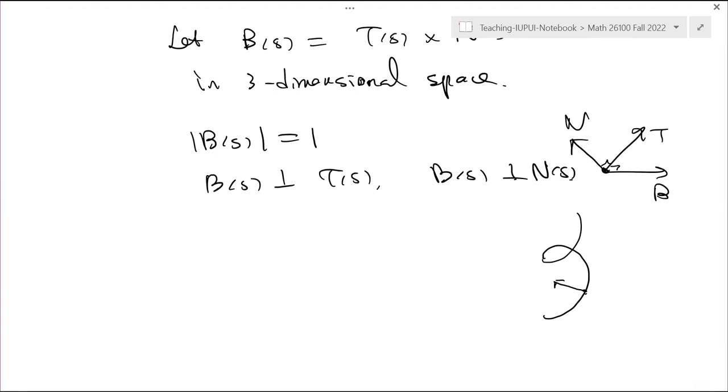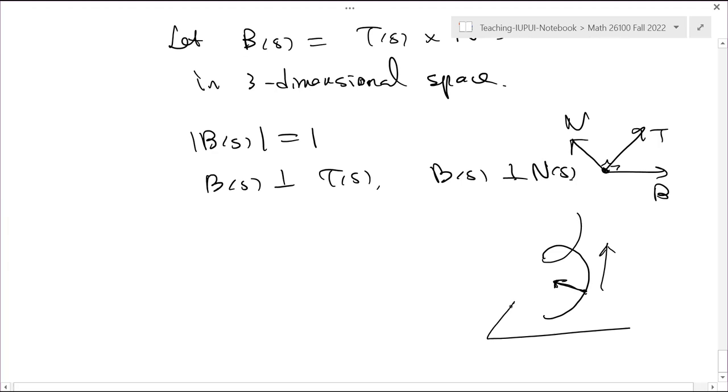A helix is easy to observe: the curve is curved in that direction, and at the same time it's going up, leaving the plane.